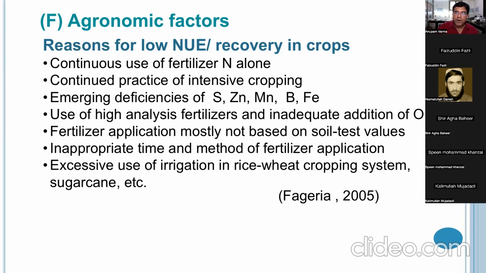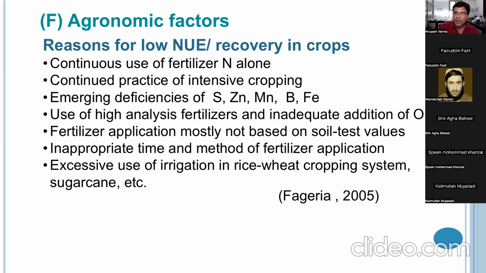So we want to reduce the dose of fertilizer. Either we can reduce the dose of input if we want more nutrient use efficiency, or we can increase the numerator, the biomass. So all these agronomic practices will help in increasing the biomass and decreasing the input.